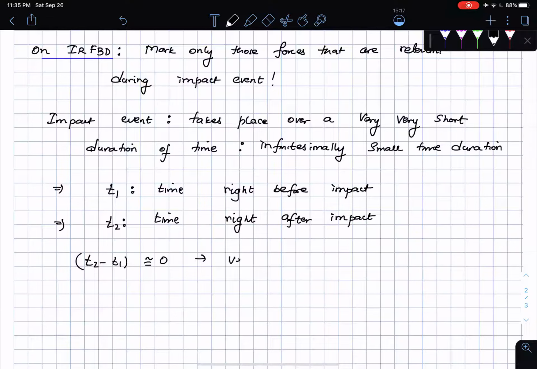So this is going to be very, very small. That is the meaning of what I'm trying to say here. So t1 is the time right before impact.